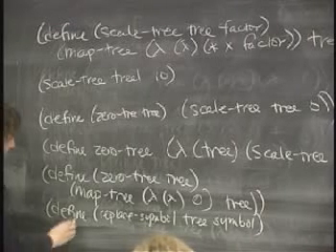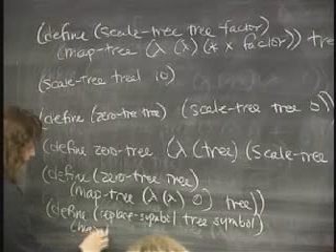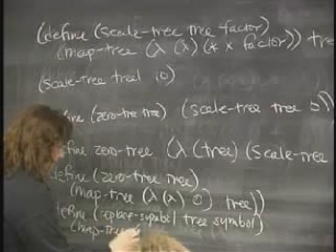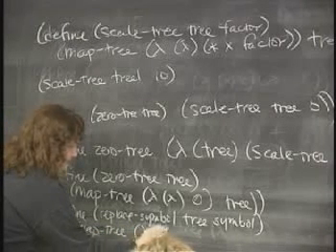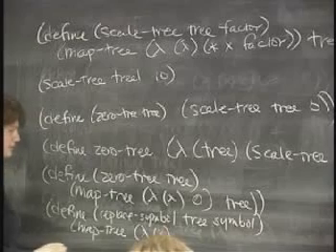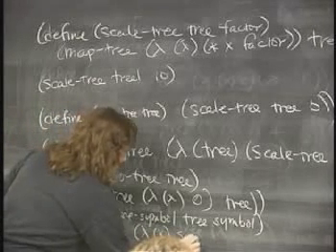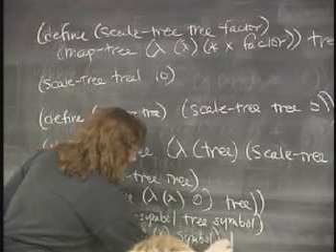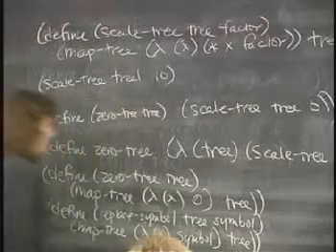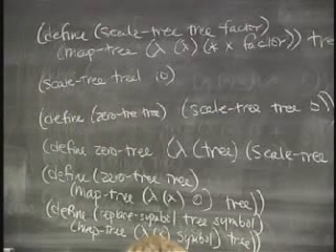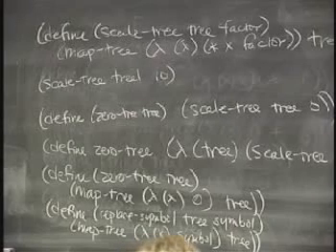Okay, and here we would do map tree, lambda x, symbol, tree. So I would replace everything in the tree with some symbol that we wanted to use.